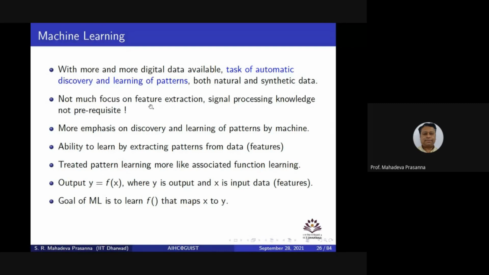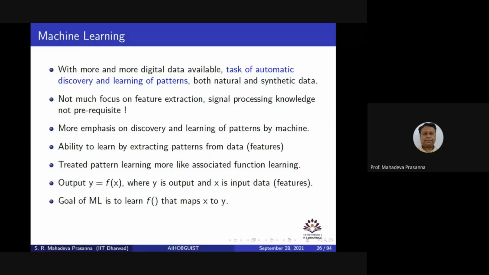Coming to machine learning, how they are embedding this automatic discovery is, they treat pattern discovery as a very generic process, where given X and Y, any pattern that you are trying to discover, we are calling it a function. There is a functional relationship that exists between input and output data, and this functional information is the pattern which you have to discover.